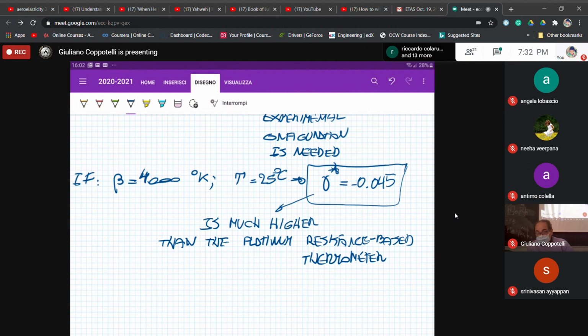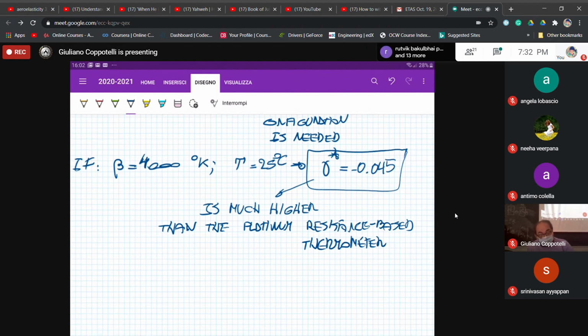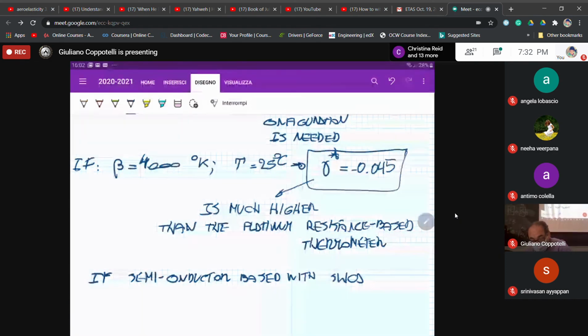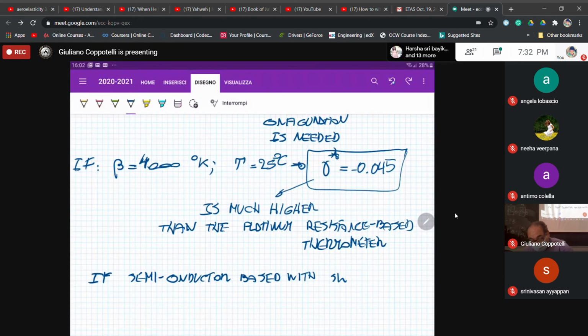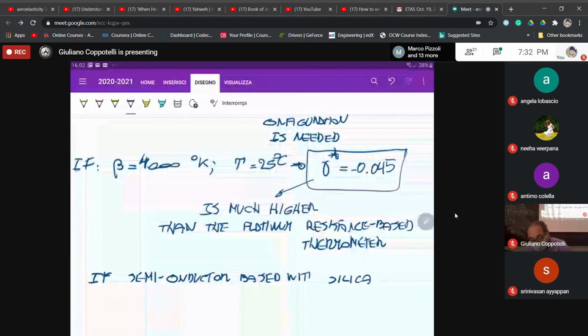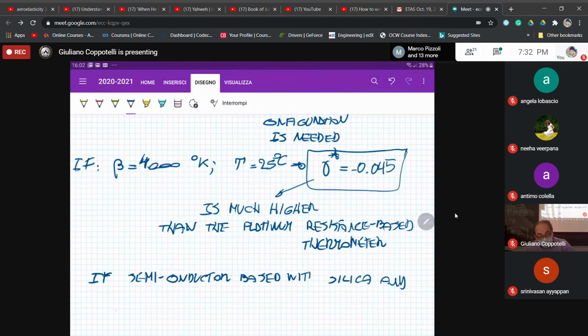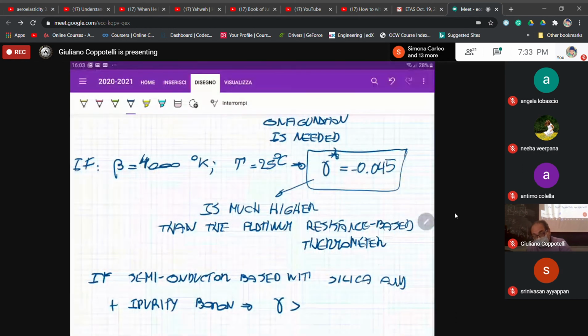Last remark: if we are using some semiconductor with silica and some impurity such as boron, we can have gamma that could be either positive or negative.